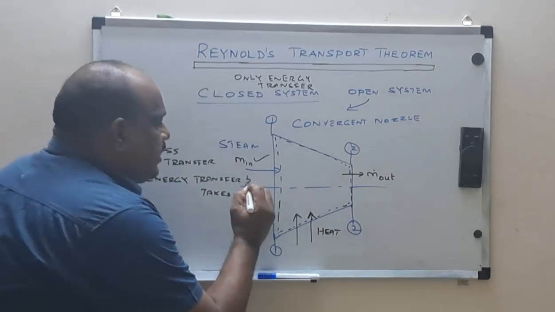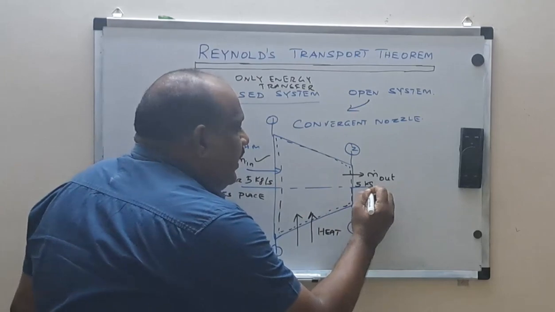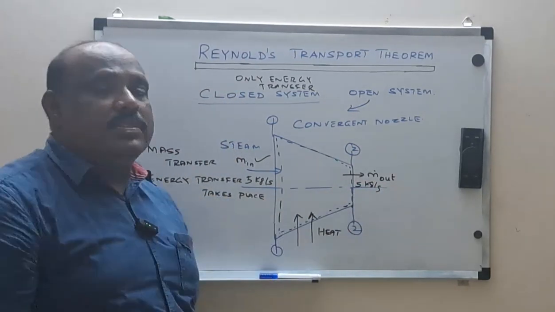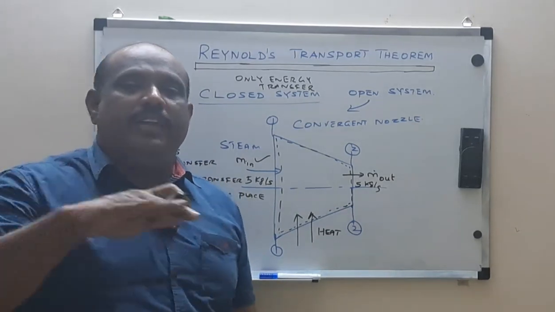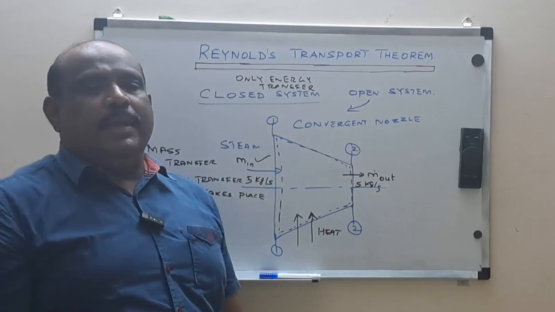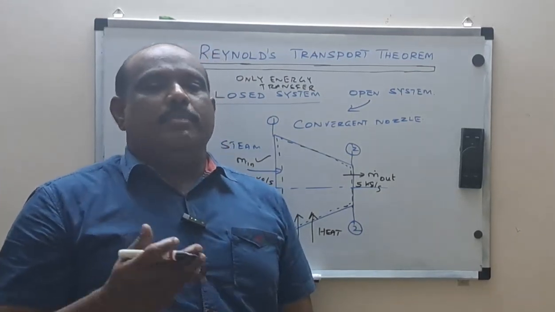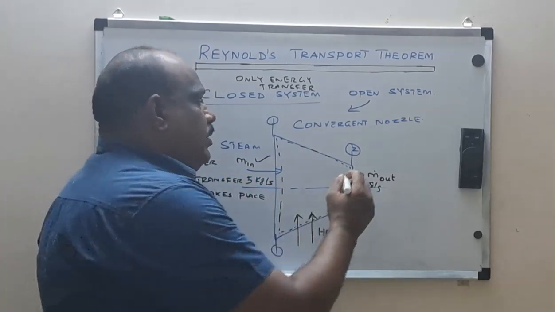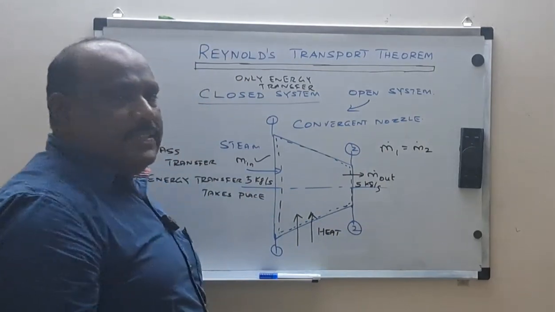If 5 kg per second always comes in, then 5 kg per second of air or steam always leaves outwards. Then it is steady. It is not going to vary with respect to time. The mass rate at inlet and outlet remains the same. This comes from the conservation of mass principle. Nothing but what? m dot 1 equal to m dot 2. The mass flow rate at the inlet should be equal to the mass flow rate at the exit.